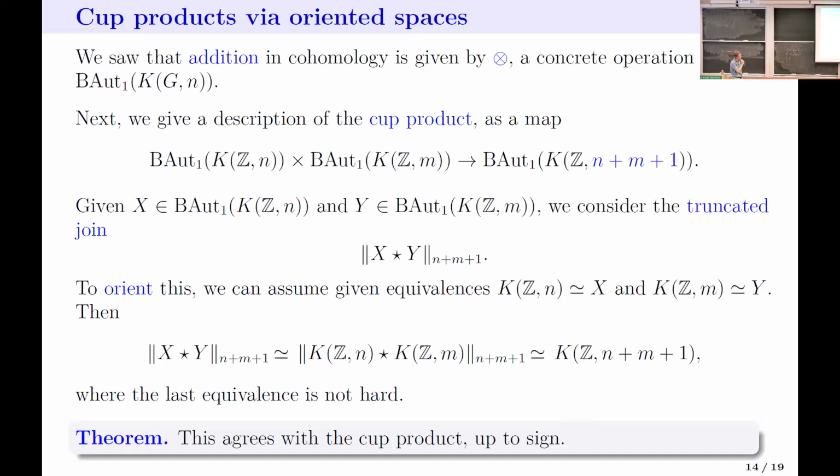So there's still one ambiguity we haven't pinned down, but other than that, we know that this gives the cup product. As far as I know, I haven't seen anyone think of the cup product as taking spaces that represent elements of Eilenberg-Mac Lane spaces and then joining them and truncating them. I think it's an interesting point of view.